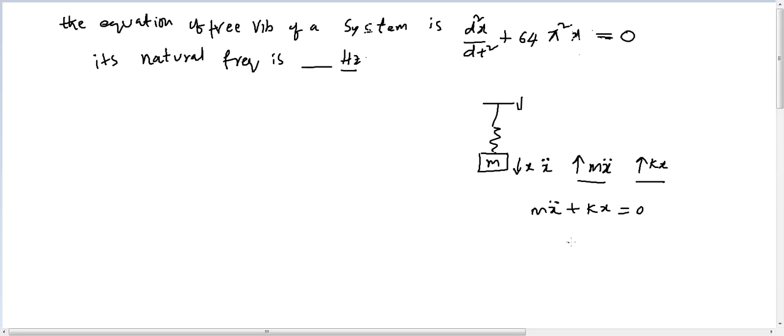And we know that the natural frequency of vibration of this mass is omega n, square root of k by m.